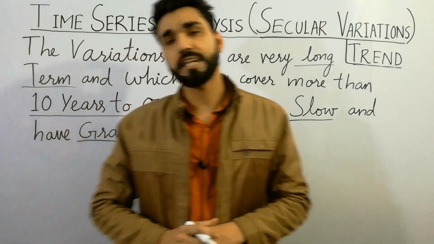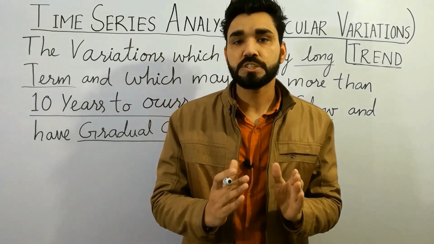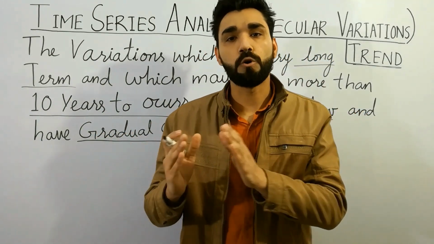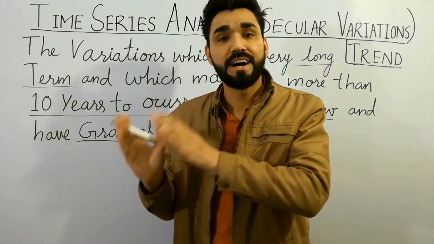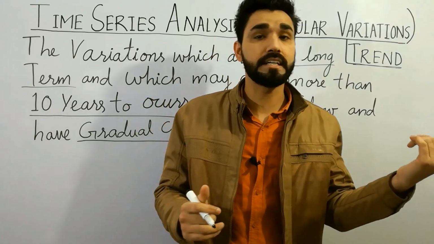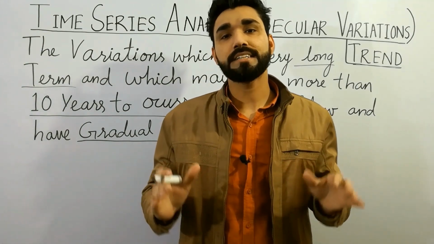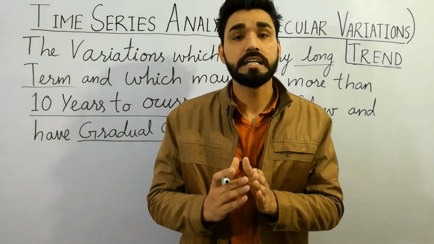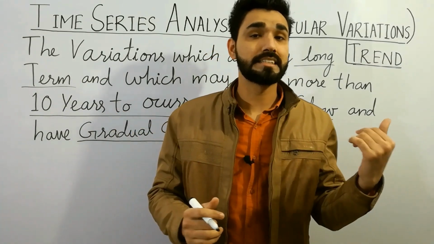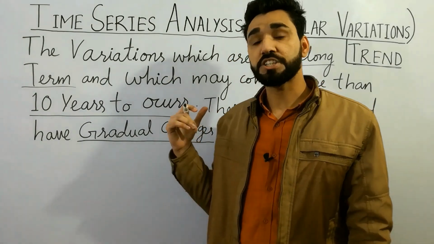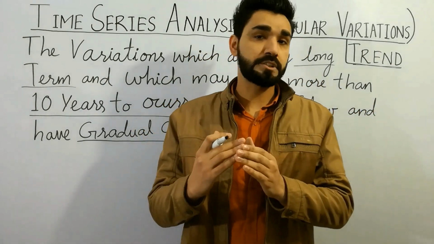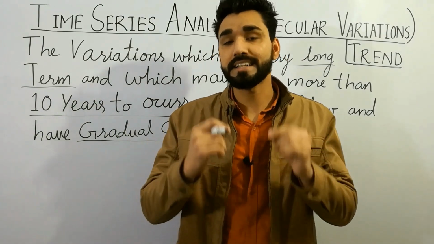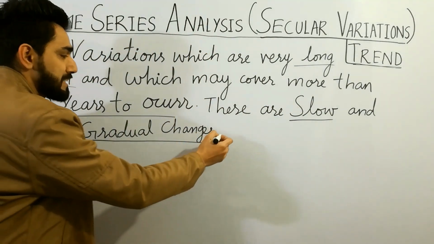For example, in old times in the transport system, we mostly used camels and horses to travel from one point to another, but in 2023 we mostly use cars and buses. So these secular variations have a slow process and gradual changes, as I have discussed in the real life example. So you can write the example here.